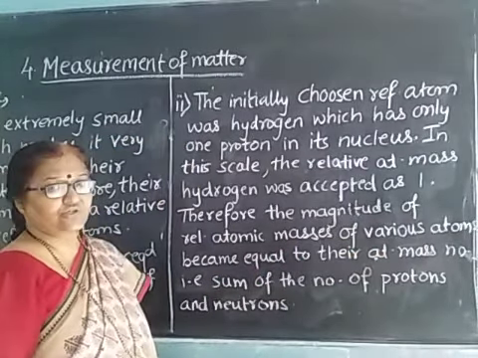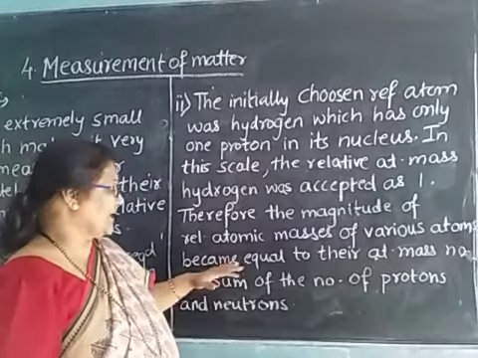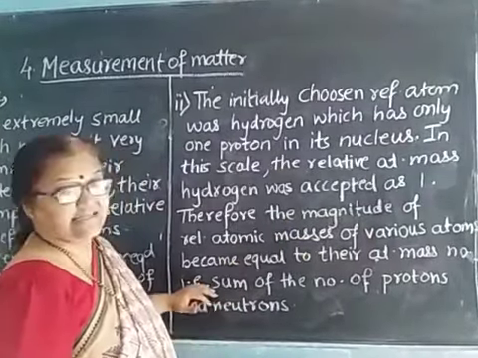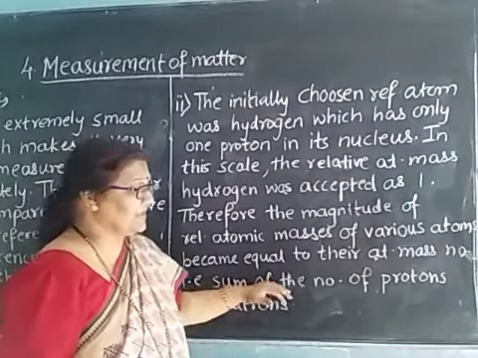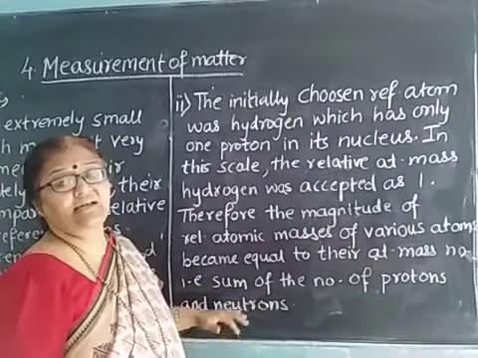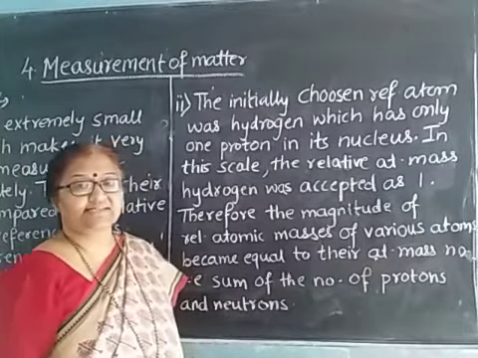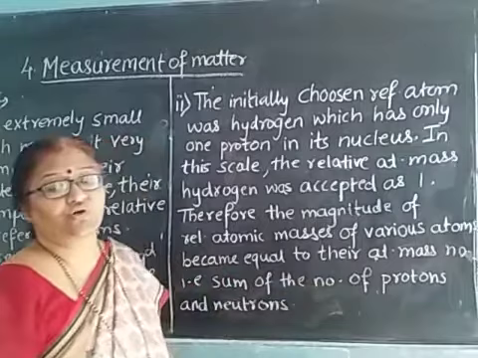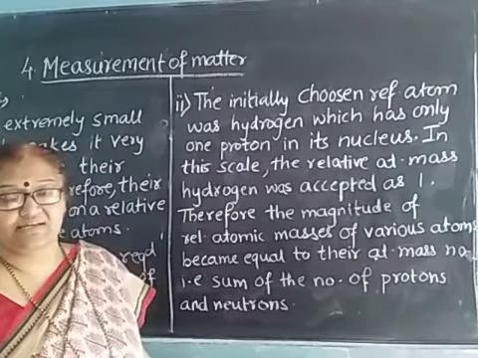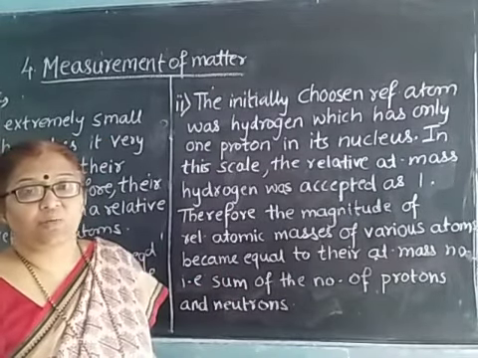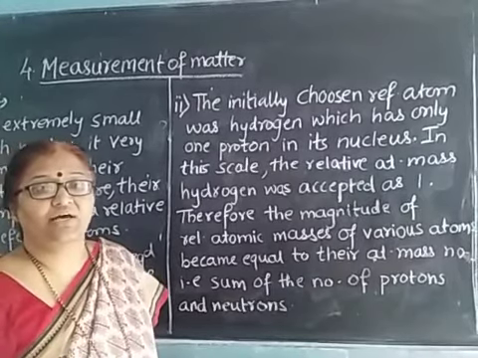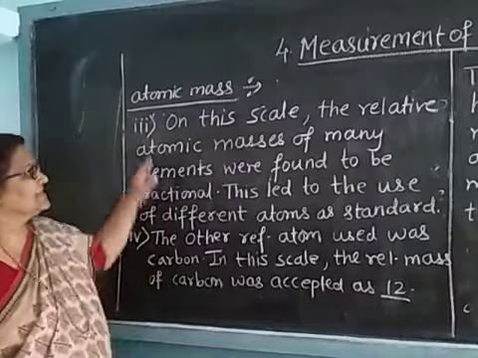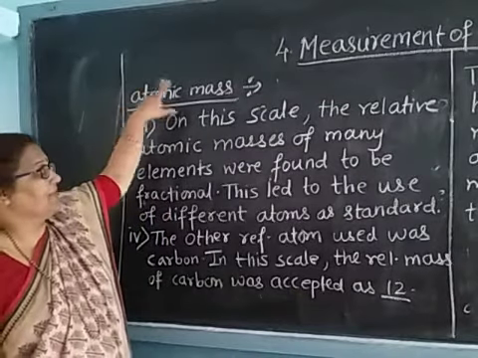The atomic number of hydrogen is 1, so it becomes equal to the atomic mass number, which is nothing but the sum of the number of protons and neutrons. So what is taken actually? The sum of the number of protons and neutrons present in the nucleus is taken as the atomic mass of a particular atom.